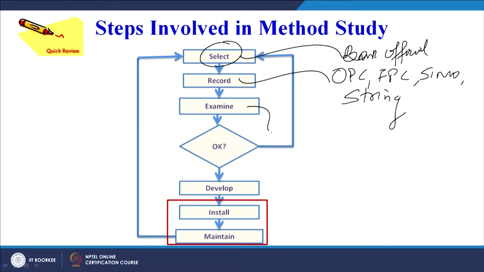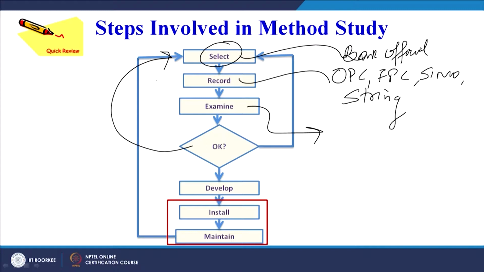The next is examination. It may happen that we are already following the best practices for that work and it cannot be further improved. Then we will say it is being done in the best possible manner, and let us select some other work for analysis.